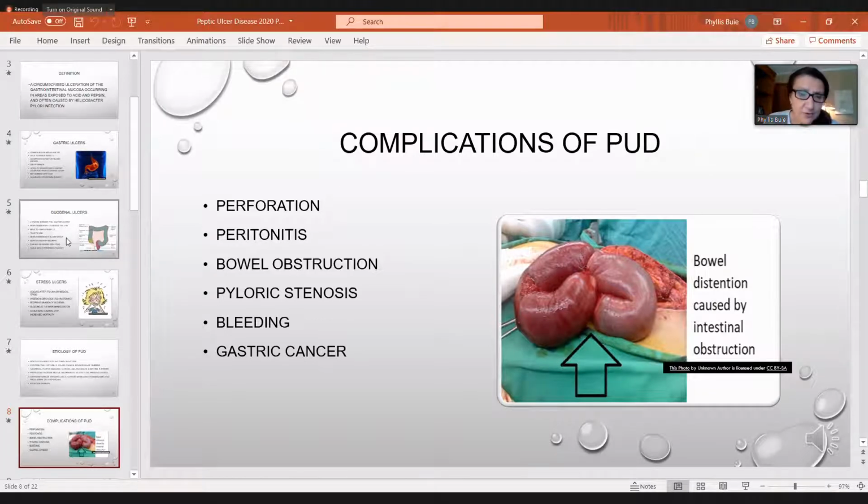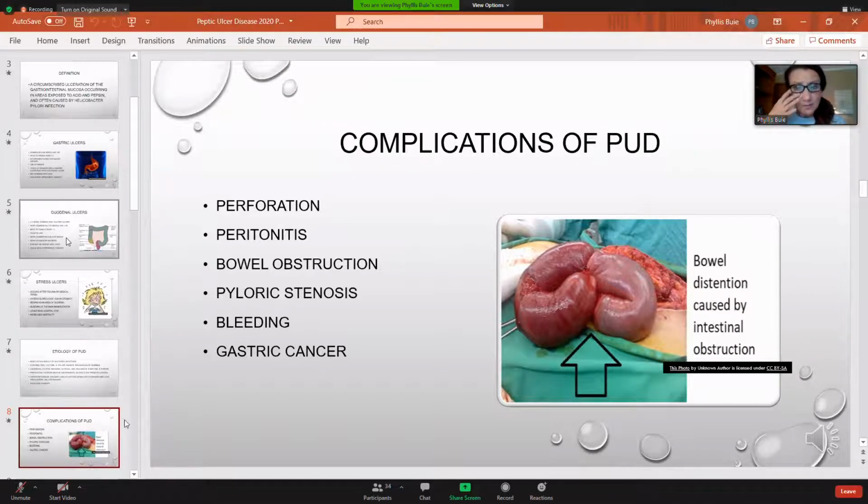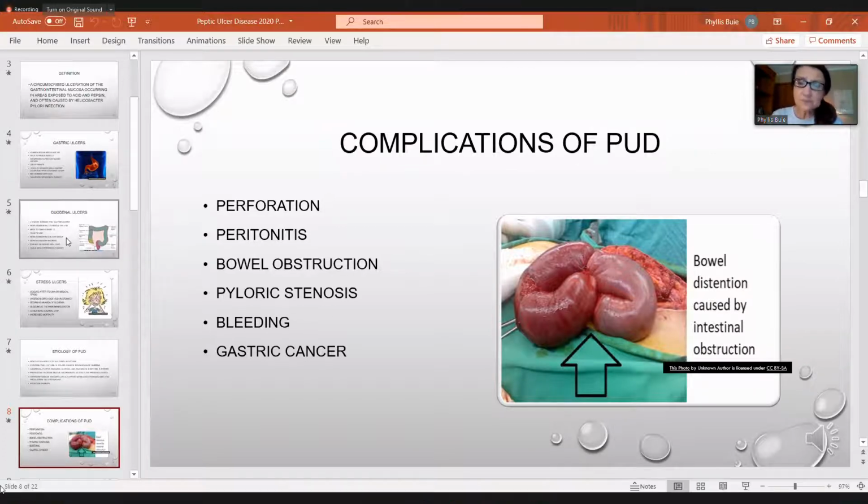Gastric cancer may also be a problem with these peptic ulcers. The person may have developed gastric cancer, and it could be related to the treatment they're getting or to the disease process itself, but there could be complications of peptic ulcer disease. One other condition I wanted to mention is toxic megacolon.